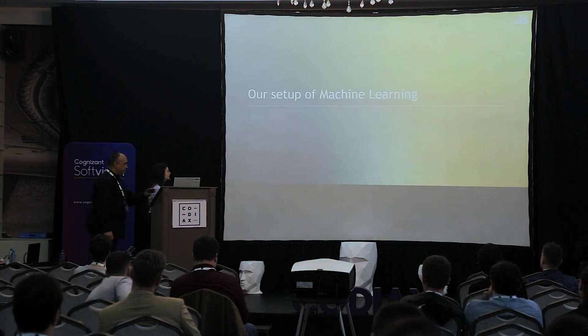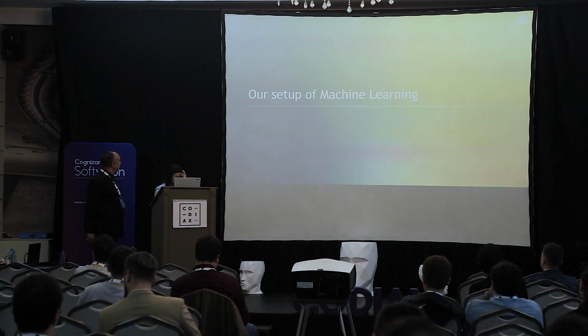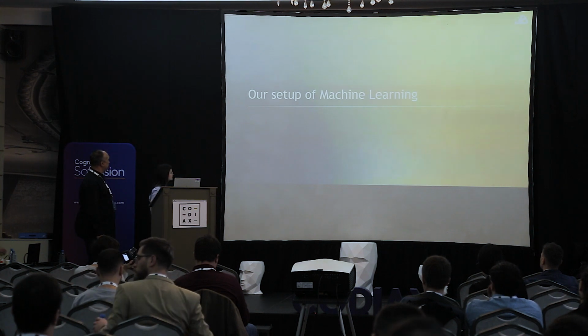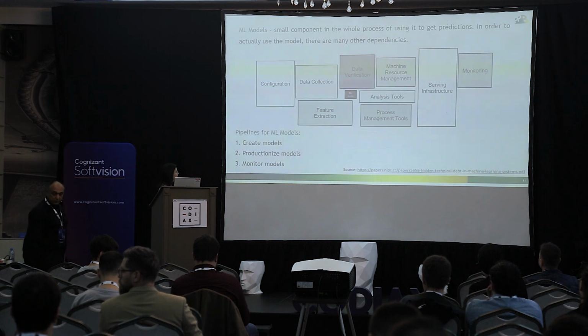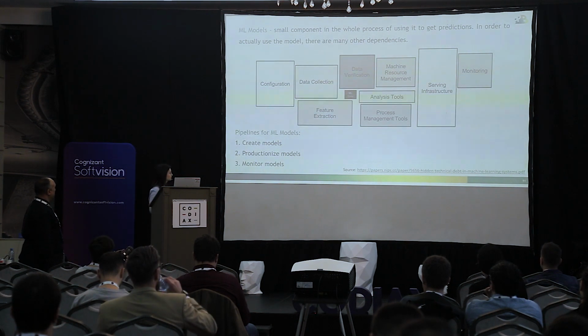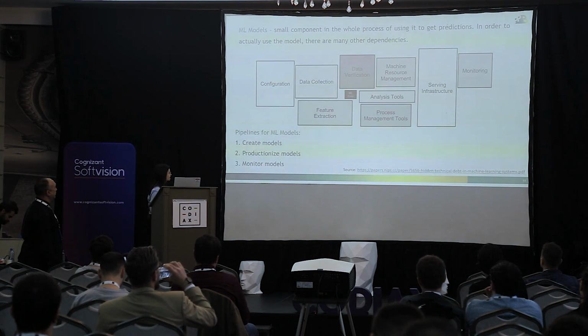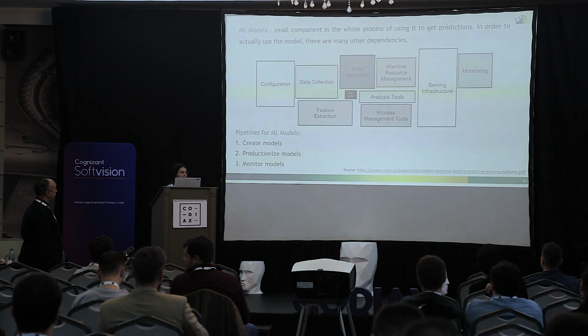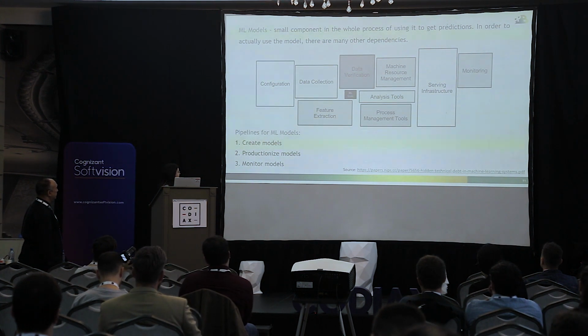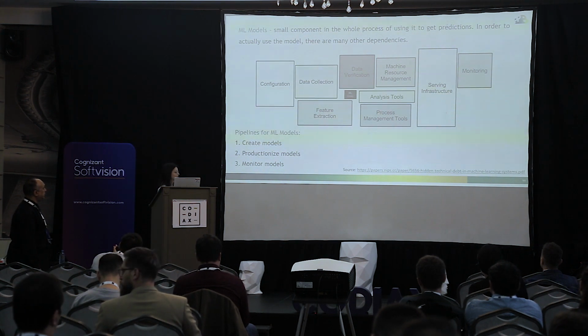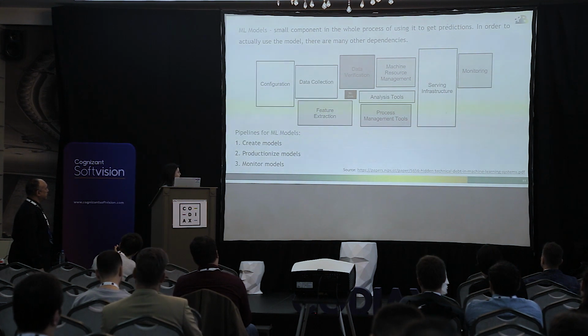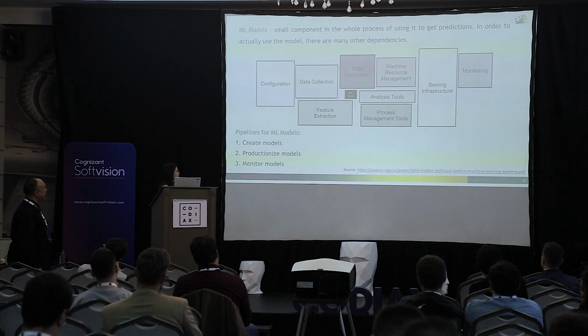Thank you. So next we are going to talk about our setup of machine learning. Here is a picture that we took from an article we recently read. What I like about it is that it places the ML code right in the middle, but at the same time, we can see that the ML code that we use to build ML models is just a tiny bit of the whole infrastructure needed to have an end result, which is predictions.